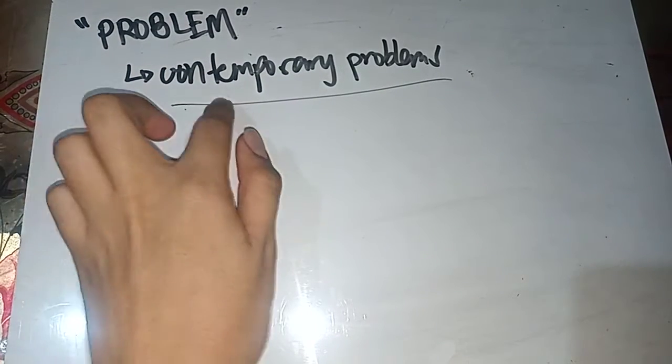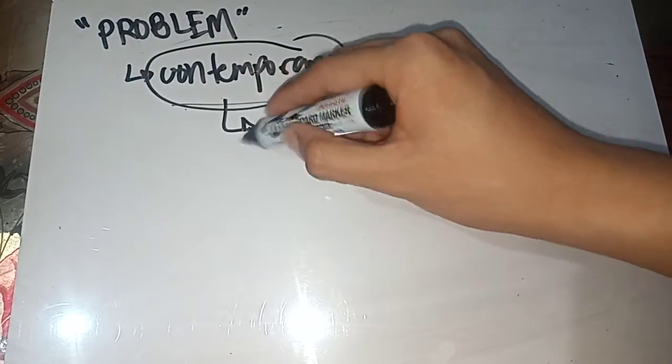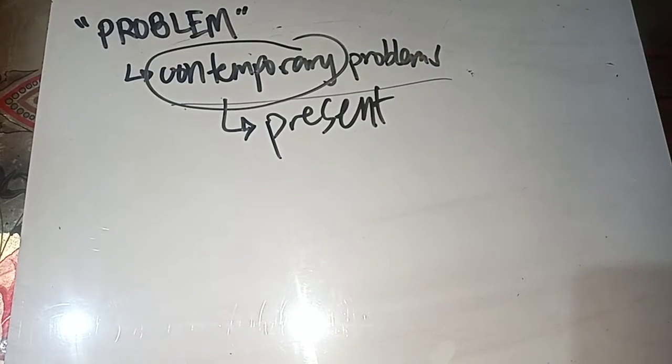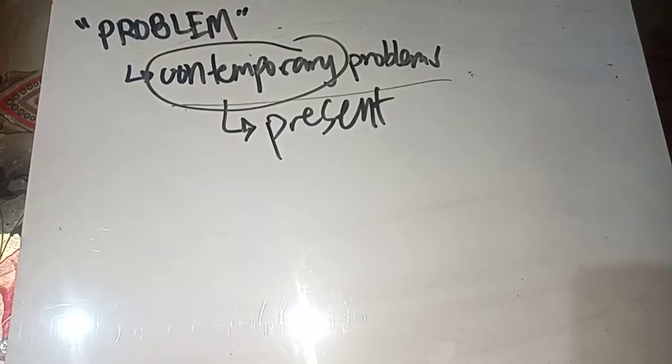When we say contemporary, it means the present problems, the problems we have during our time, may it be in the field of sciences, math, social studies, or even linguistics. Problems will exist.